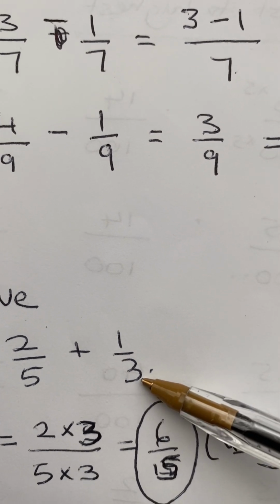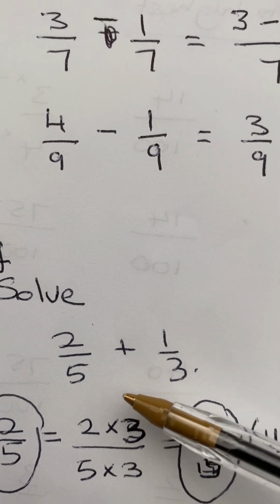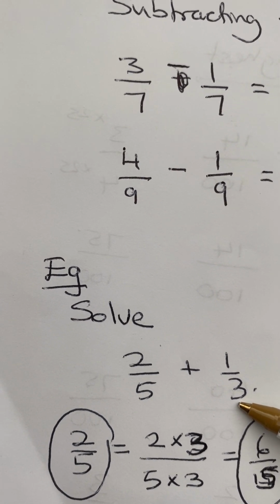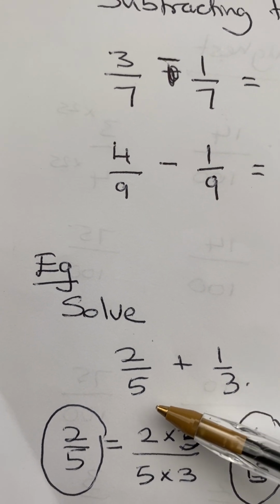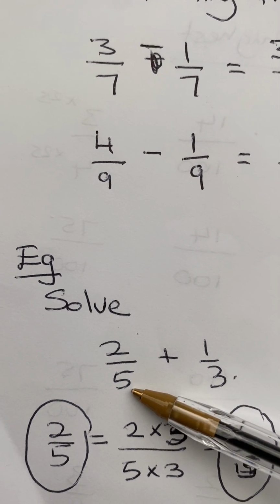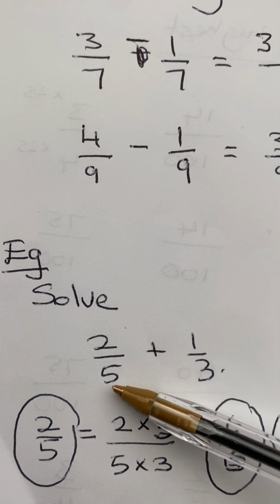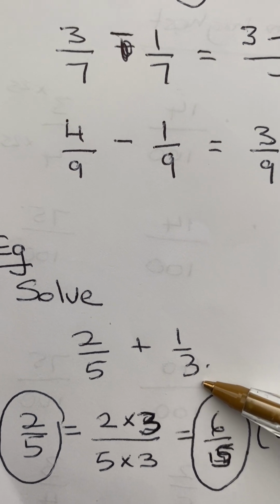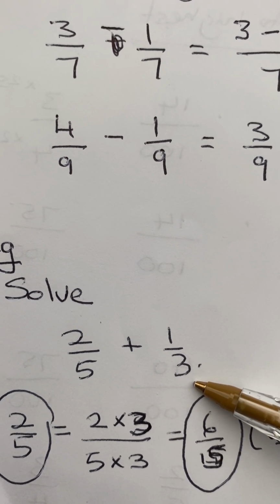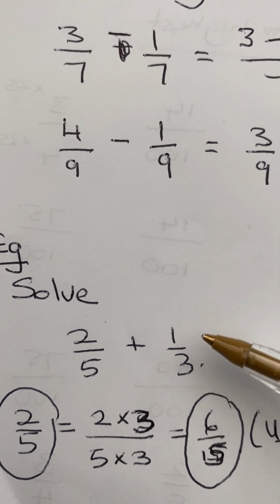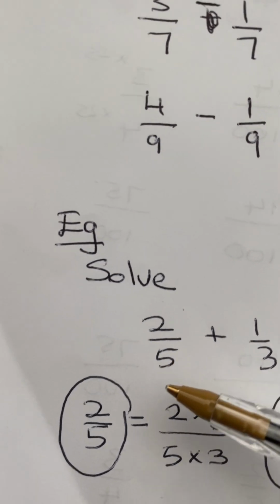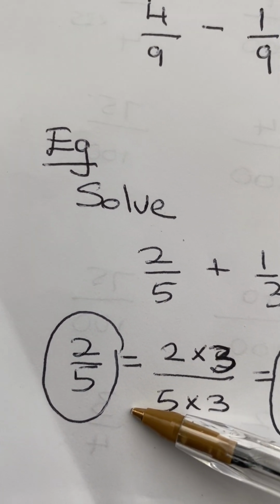Okay, so now let's see how we change it. For 5 and 3, the common multiple is 15, because 5 can go into 15 3 times, and 3 can go into 15 5 times. So let's look at 2 over 5.